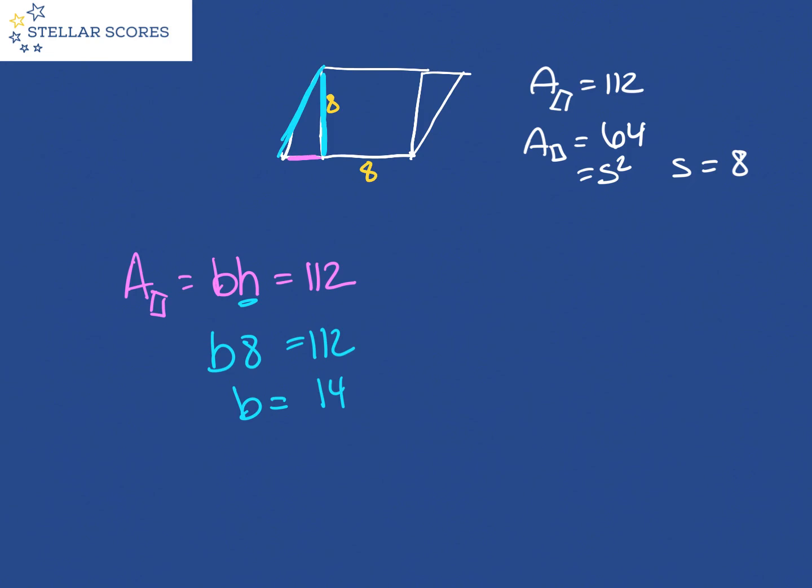That's choice C. But remember, I solved for this whole thing. This whole thing is equal to 14. And they want me to find out what is this small bit. So you can see all I need to do is take 14 minus 8, which should be 6. And so this small bit is 6. That's what they asked for, and that is the right answer, choice A.